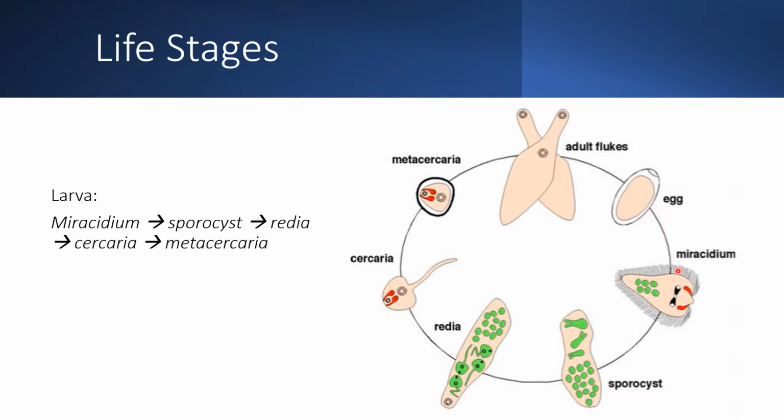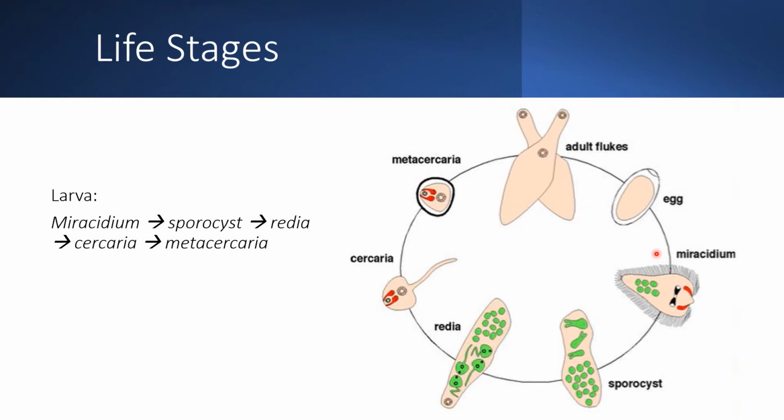This miracidium is a free swimming ciliated larva, and its cilia are used for movement. It contains as well an apical gland, which releases proteolytic enzymes that aid in penetrating the intermediate host.